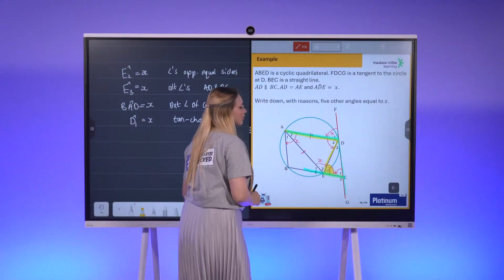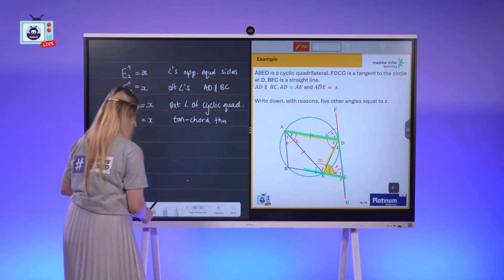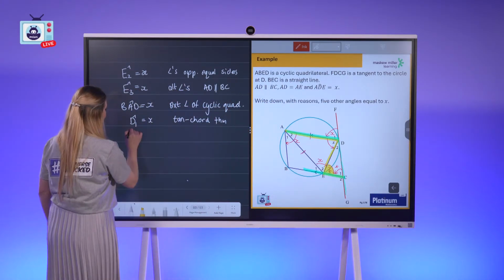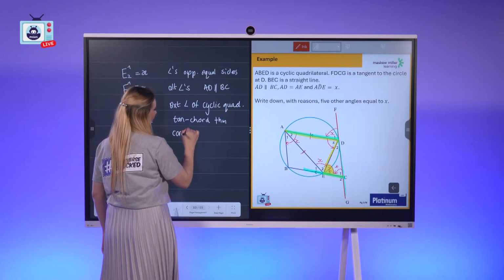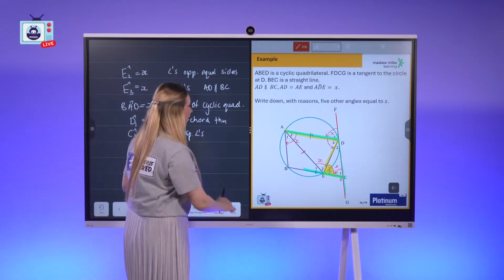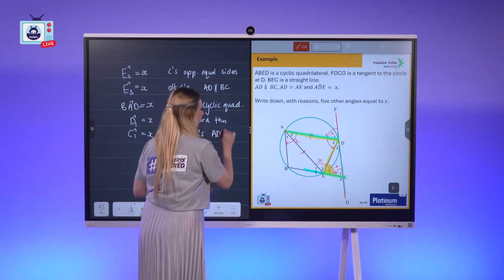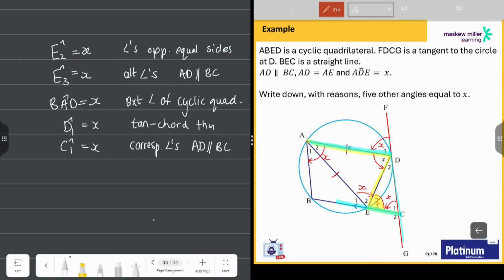C1 is also equal to x because of corresponding angles. So we've got C1 equal to x. The reason is corresponding angles. And remember, whenever we use one of the fun angles, we have to give the pair of parallel lines. AD parallel to BC. All right, we found the 5 angles equal to x.